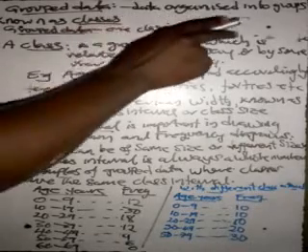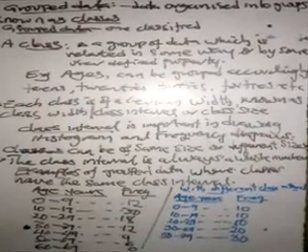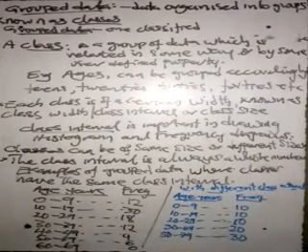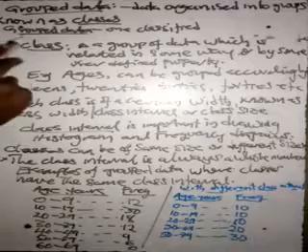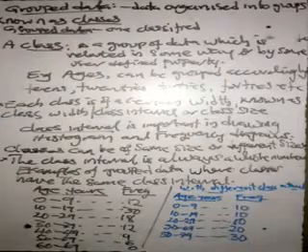A class is a group of data which is related in some way or by some user-defined property. For example, if you look at the age of somebody, age can be grouped accordingly.